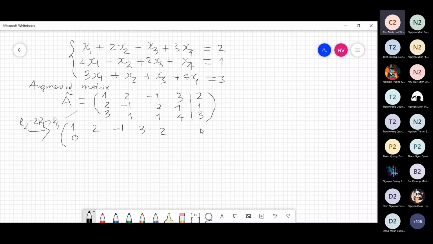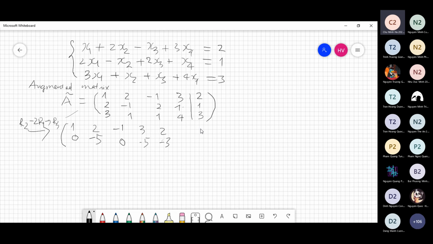And here you obtain 0, minus 5, because 2 plus 2 is 4, and 1 minus 6 is minus 5, and 1 minus 4 is minus 3. This means that we multiply the whole row by minus 2 and add it to the second row.